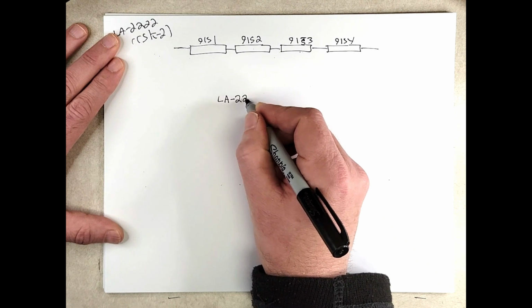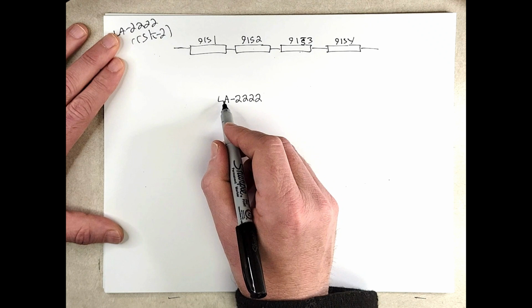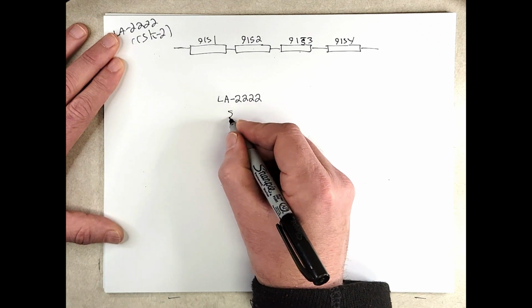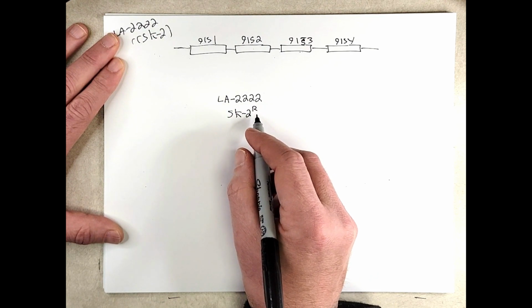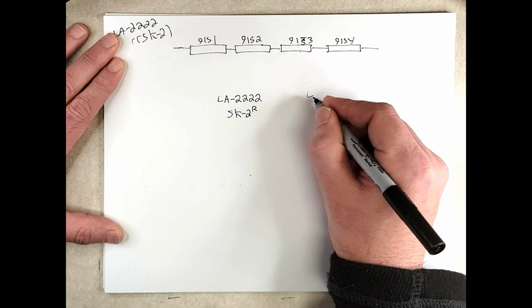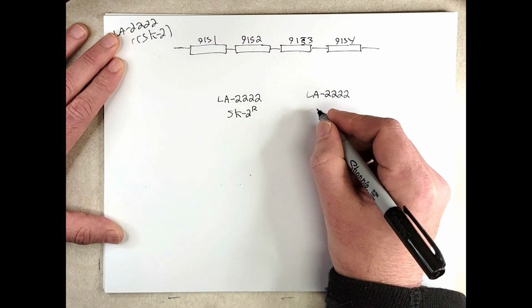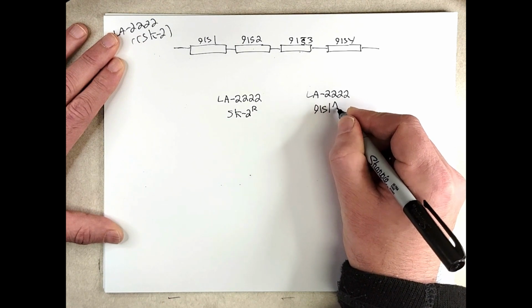So let me diagram some of the results here. Let's take our control strain, LA2222, with the SK2R genotype. And then we'll have LA2222 over here. Now this one has the 9151 deletion.